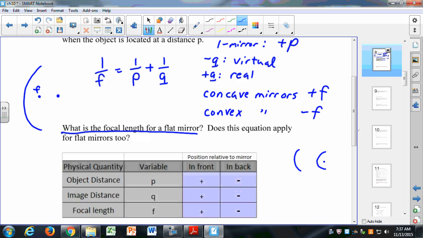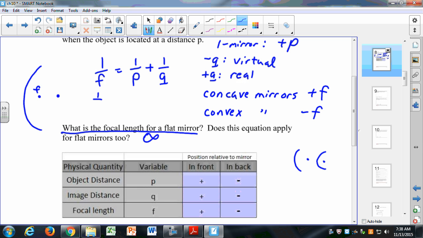Here the focal point is going to be like there, but here the focal point is going to be moved out. As you make that mirror flatter and flatter, the focal point gets bigger and bigger. So what is the focal point for a flat mirror? It's infinity. So for a flat mirror, the focal length will go to infinity.